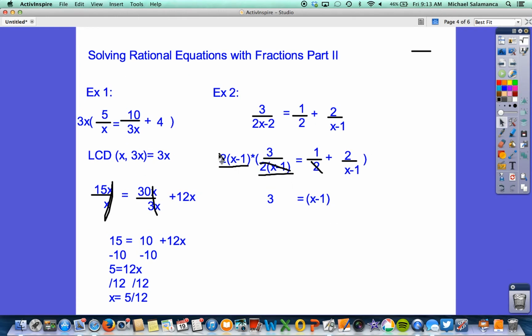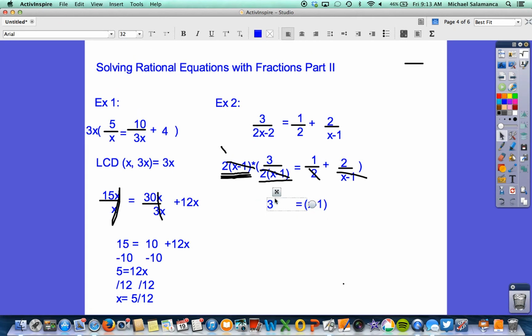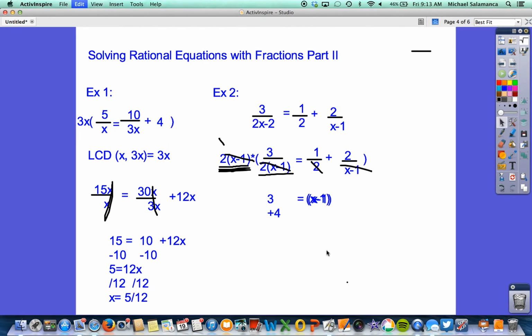And then when you do the very last multiplication, you'll notice that 2 times the quantity x minus 1 matches the denominator in the last one, the x minus 1. So those should cancel out, and you're just left with the plus 2. Oh, my apologies. It's 2 times 2, so that's 4.